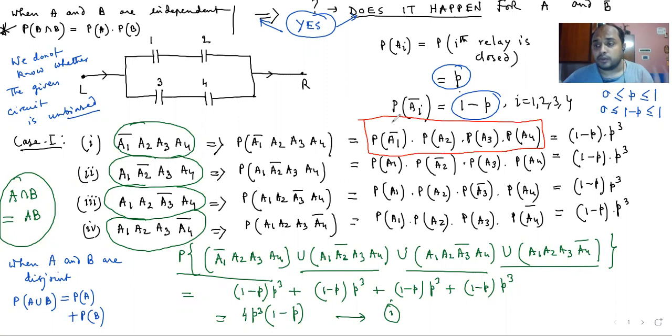However, we know that if A and B are independent, the probability of A intersection B is the probability of A into the probability of B. But nobody has told us whether, if we consider A and the complementary event of B, we can write the probability of A intersection B bar as the probability of A into the probability of B bar. That claim which we have considered to be correct, let's see whether it is indeed correct or not. Otherwise my discussion will remain incomplete. So I am going to check whether the thing is correct or not.